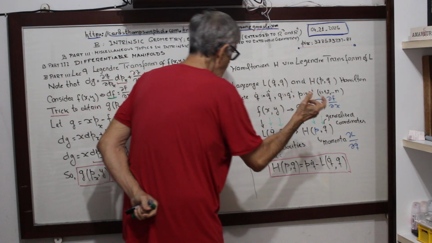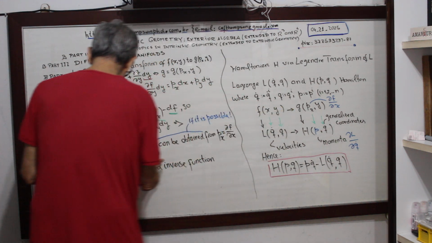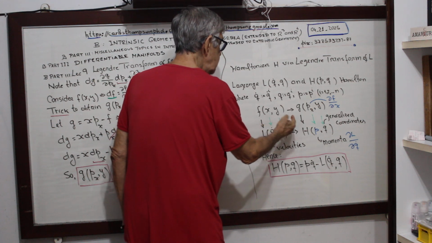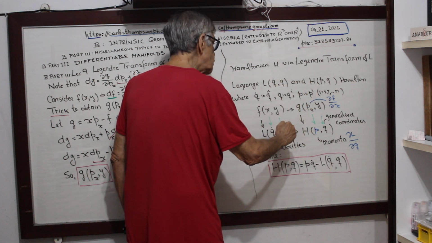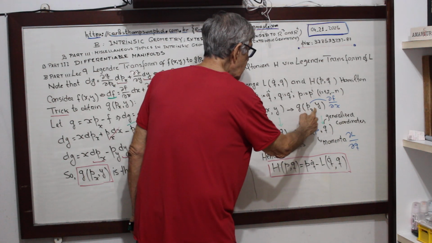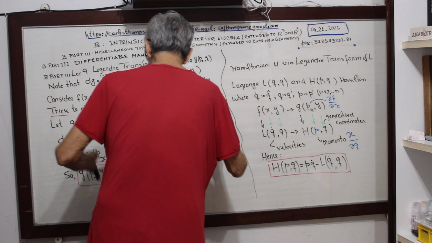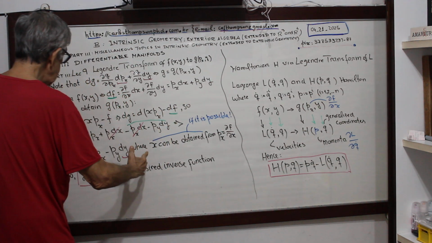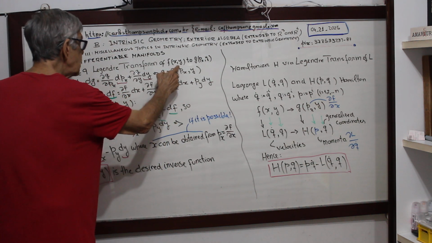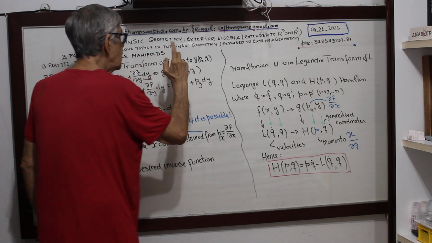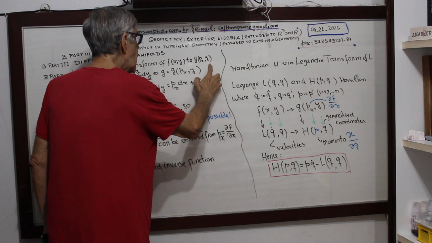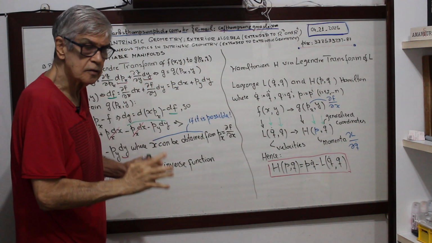So we see from here that starting from f of x and y, using the Legendre transform, we obtain g as a function of px and y. You just saw it derived here. I start from f and obtain g as a function of px and y. Again, y remains fixed.